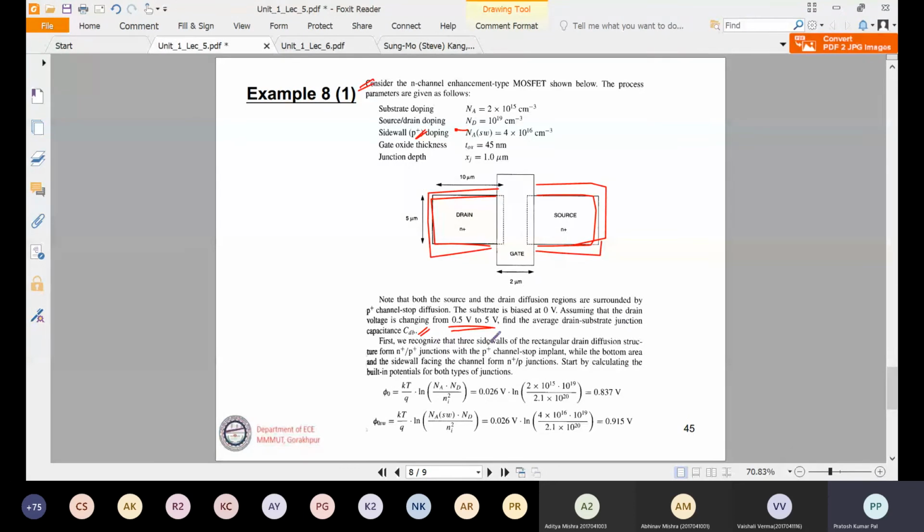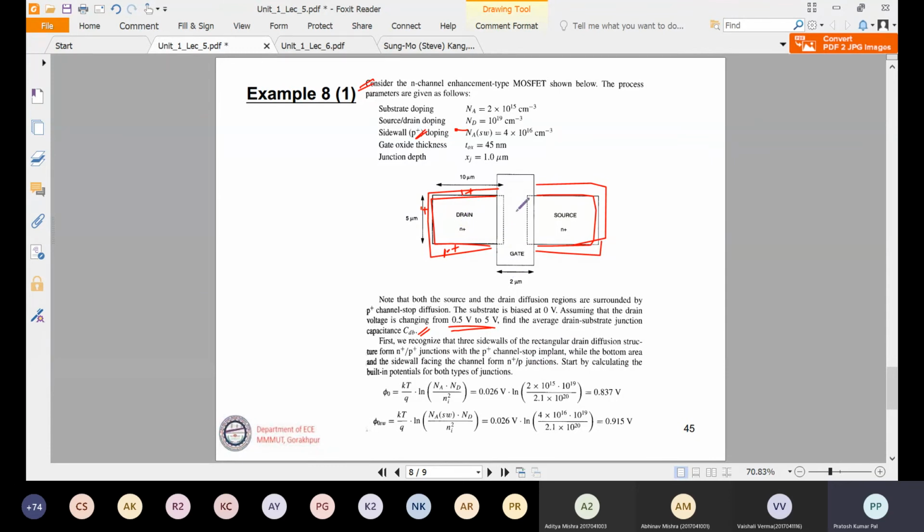First we recognize that the three side walls of the rectangular drain diffusion structure form N plus and P plus junctions. This is the N plus region and this is the P plus region, because of the channel stop implant. So three side walls form a junction with the P plus channel stop implant, while the bottom area and the side wall facing the channel form an N plus and P junction.